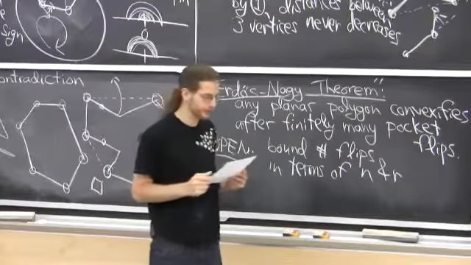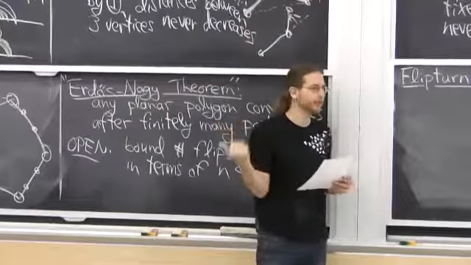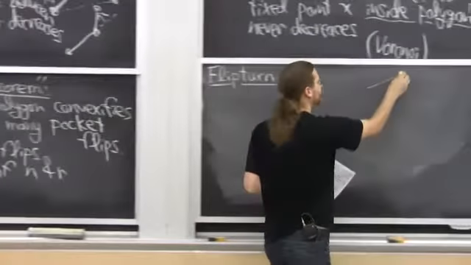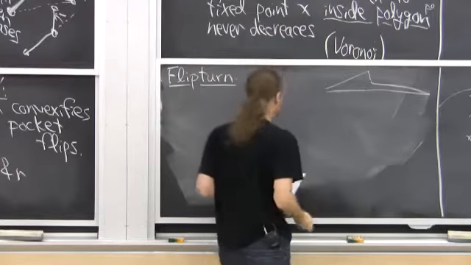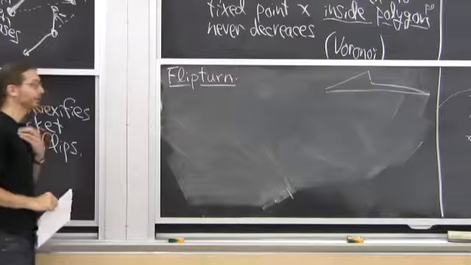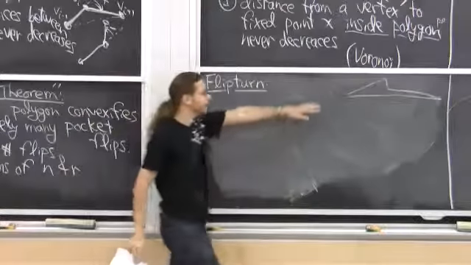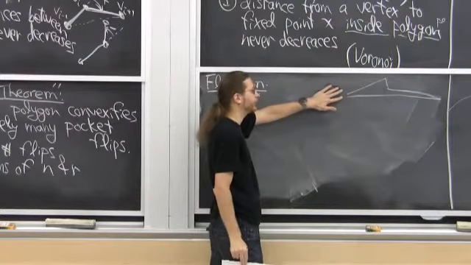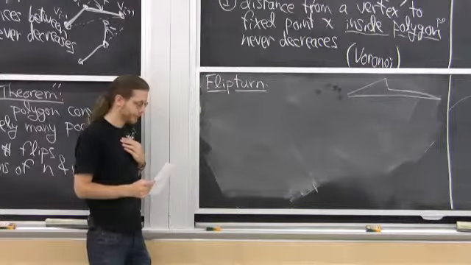I forget where they were students. They never published their paper, but they gave the example of the quadrilateral that took many, many flips to convexify, arbitrarily many. And then they also introduced this idea of flip turn, where they hope to get a bound on the number of flips purely in terms of n. So for regular Erdős pocket flips, we know you cannot get a bound in terms of n. Flip turns, you can.